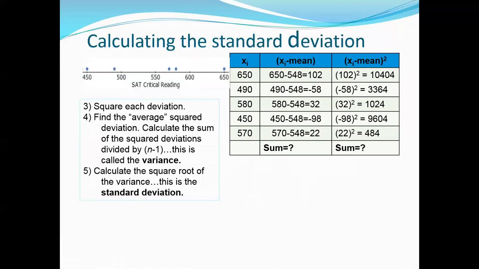Generally, we do this in the form of a chart when we're in class together. So we have a column for the observation, the x. We'd have a column for the deviation, so x minus the mean, and then we would have a column for the deviation squared, so that we would just take the deviation and square it, and finally sum that final column and divide by n minus 1, here 4, and then take the square root.